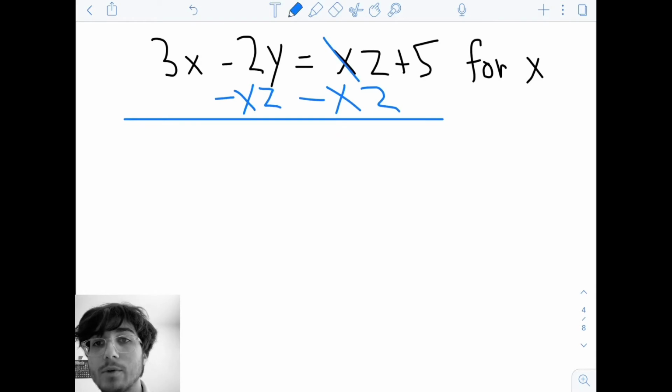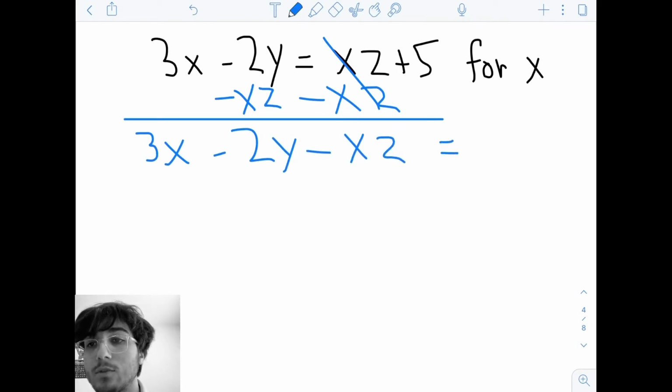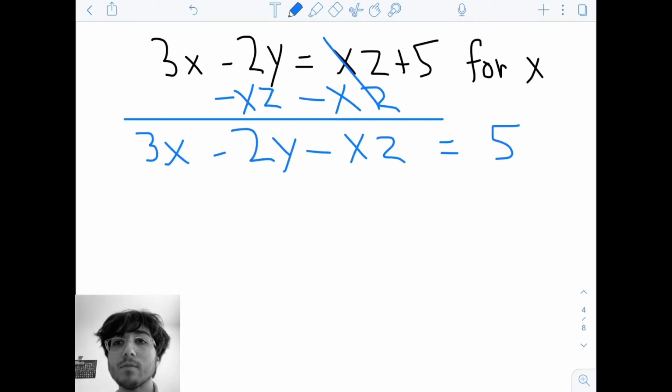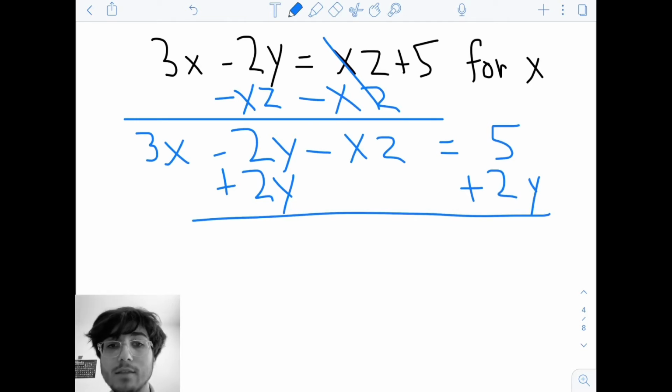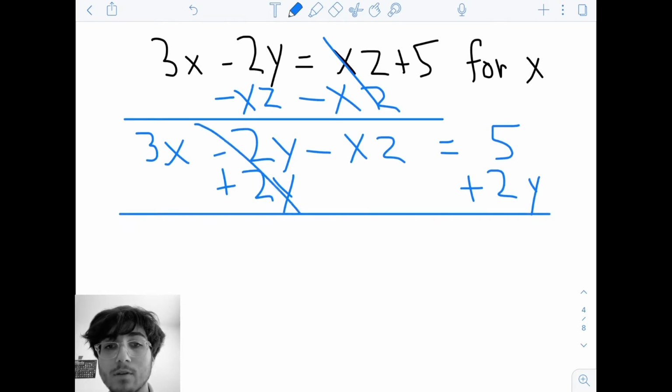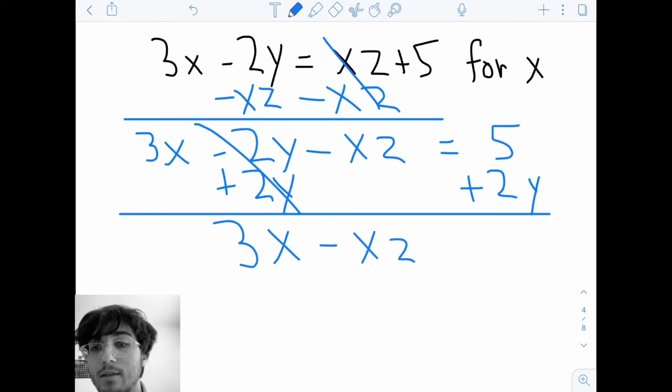So xz will cancel out, and we get 3x minus 2y minus xz equals 5. And remember, to get x on one side, we also have to get rid of the y. So we're going to add 2y on both sides. So now we're left with 3x minus xz equals 5 plus 2y.